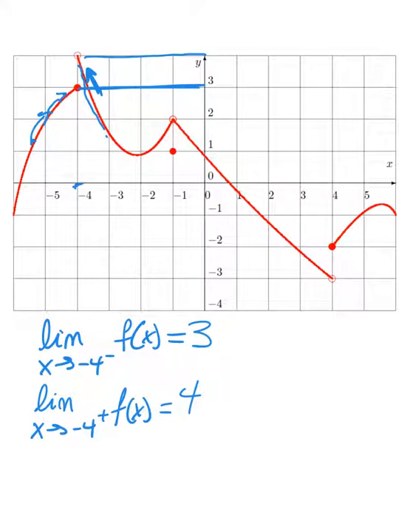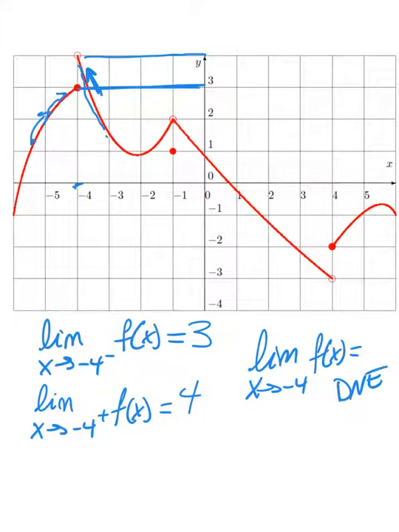What is the limit now as x approaches negative 4? Well, is it going to be 3 or 4? You don't know. It has to be the same from the left and the right, and since it's not the same, we can write DNE. Does not exist. The limit doesn't exist because it's not the same from the left and from the right. From the left it was 3, from the right it was 4. Got it?